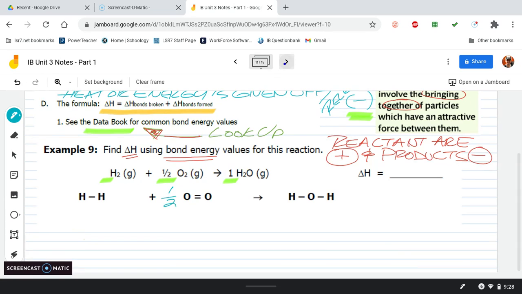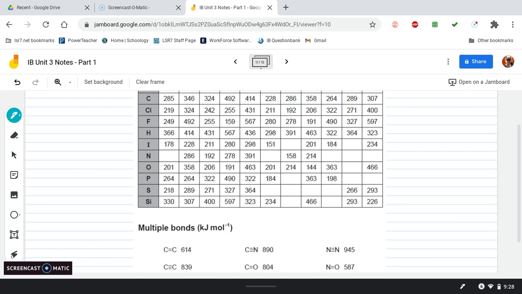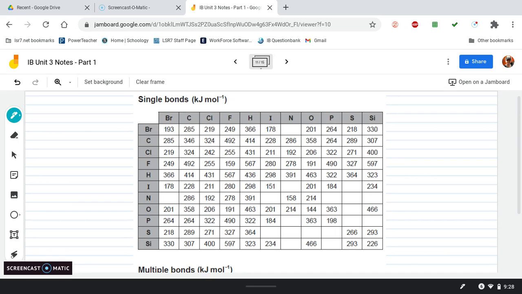Well, this chart right here is in the data booklet, which is in Schoology. It's just a bunch of pages of different kinds of data. If you look at the way the chart reads, we have single bonds in this chart here. So all of these are single bonds, like fluorine single bonded to chlorine would be 255 kilojoules.